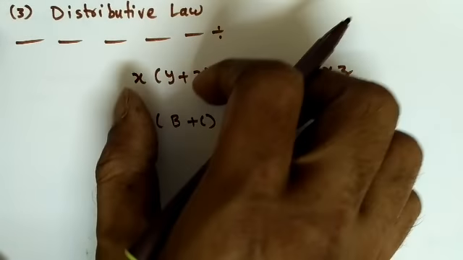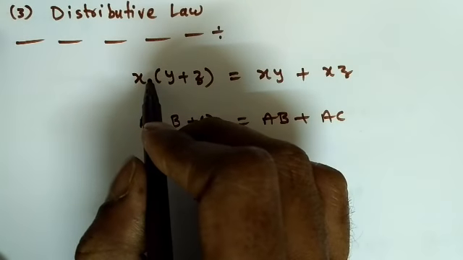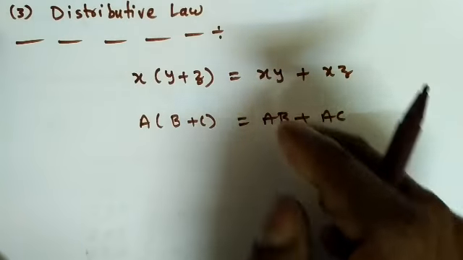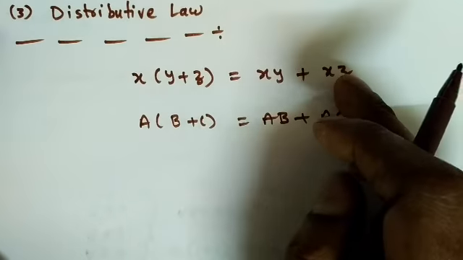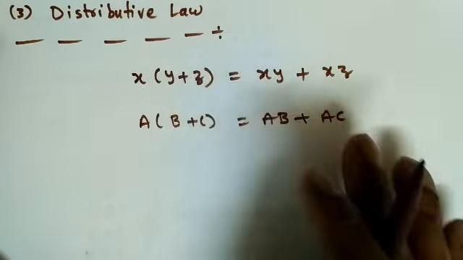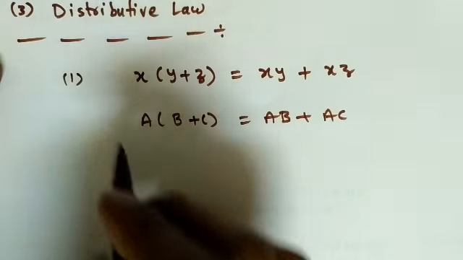If we do like this, we first do addition and then multiplication, right? First OR operation, then AND operation, or first we do two AND operations, then we can do the OR operation. So we'll get the same answer, or the same logic value.